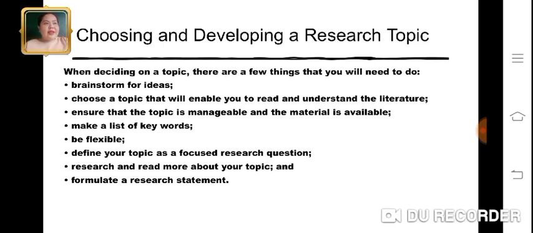So, when deciding on a topic, there are few things that you will need to do. That is, first is brainstorm for ideas. So, once na nakapili ka na research topic, kailangan mong mag-isip ng maraming ideas about doon. So, halimbawa, COVID-19. I want COVID-19 in the Philippines. So, ano ba yung possible na ideas about that? So, number one, frontliners.